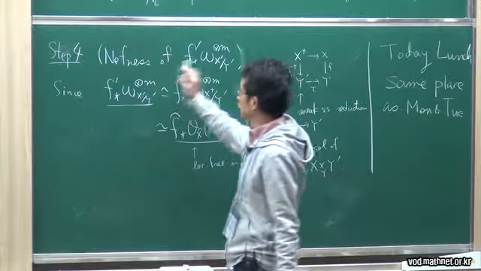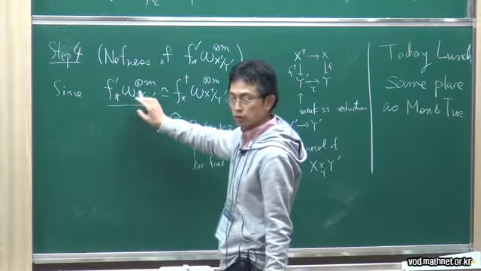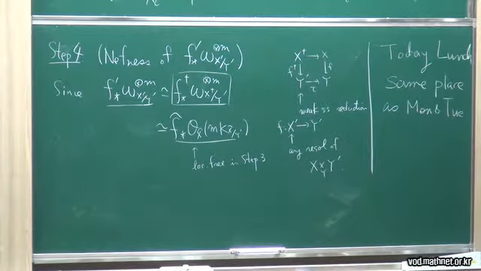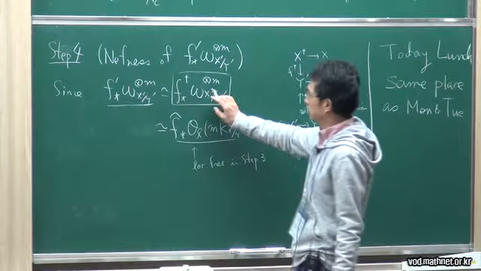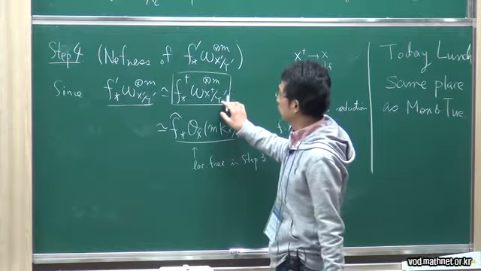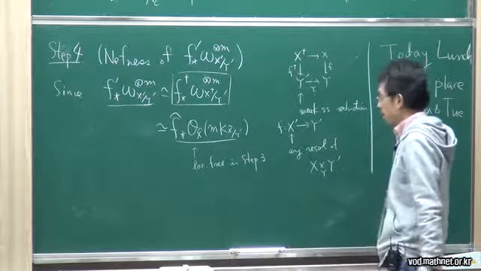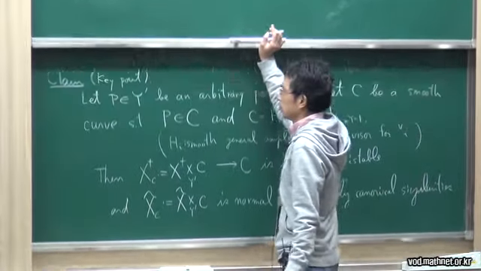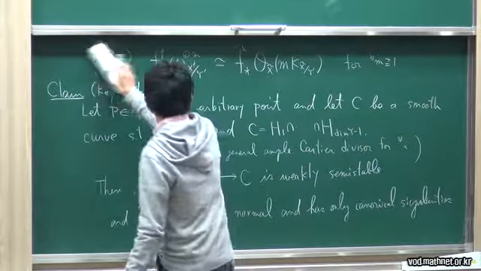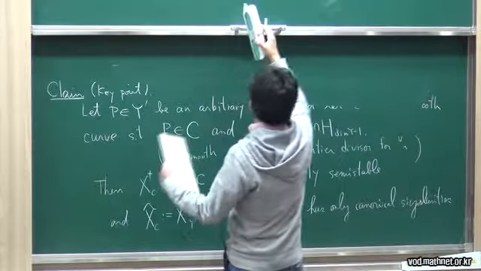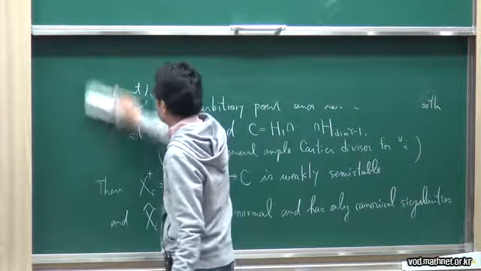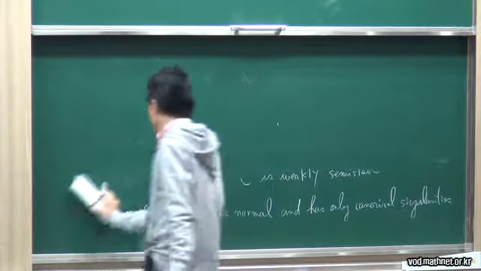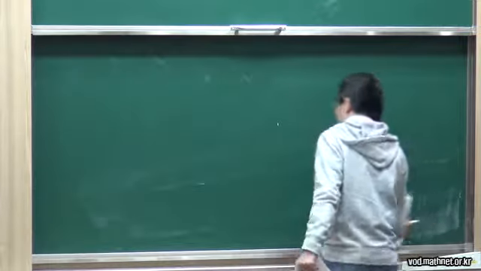In order to prove the nefness of this locally free sheaf, we use this one. In this step, we check this locally free sheaf is nef. In this step, we do not need a good minimal model. Good minimal model was only used for the local freeness of such sheaves.